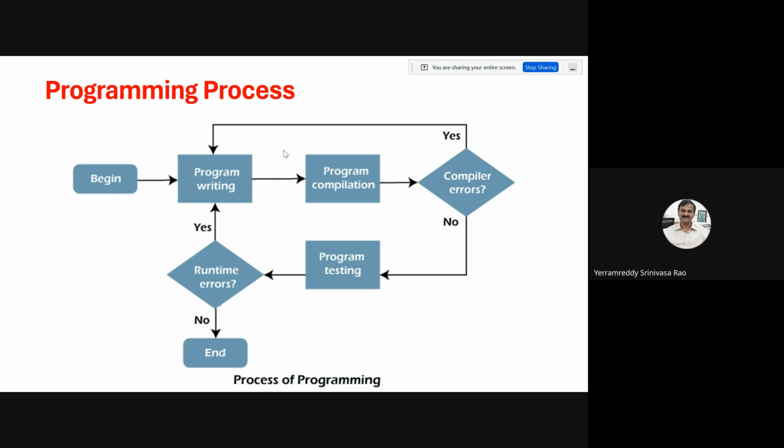If all lines are typed properly, then it will come out saying that since there are no compilation errors, take the output file, which is called the program output.